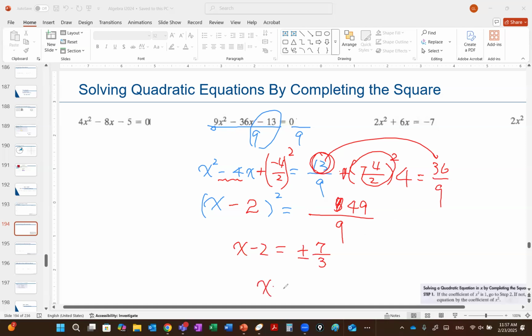So x equals, is it correct? So one of them is 2 plus... 6 plus 13, get 13, right? The other one 6 minus 7 equals -1.